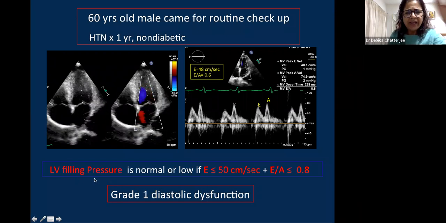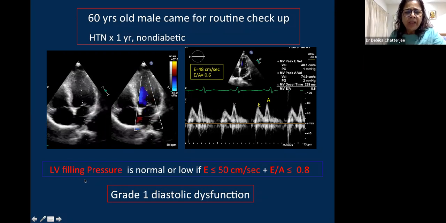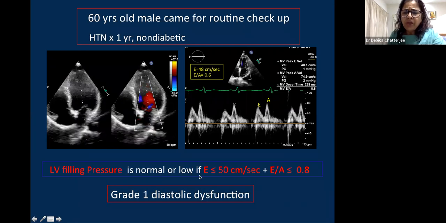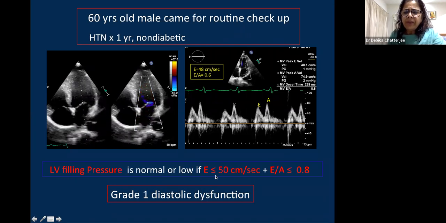So as per the ASE guideline, LV filling pressure is normal or low if E velocity is less than 50, as I say, plus EA ratio is less than 0.8. And we say it grade 1 diastolic dysfunction.